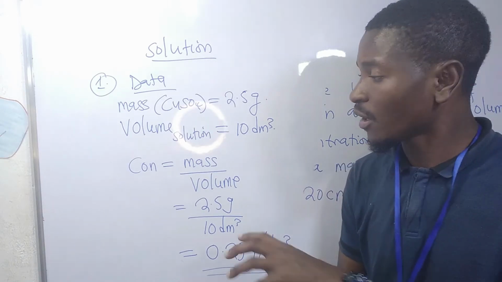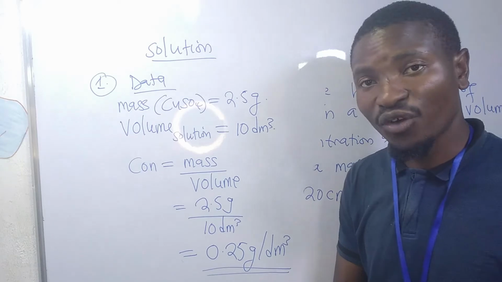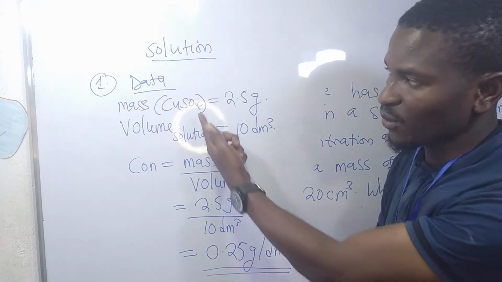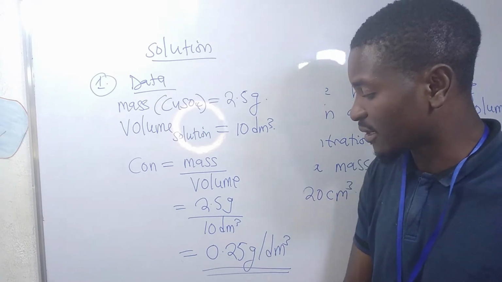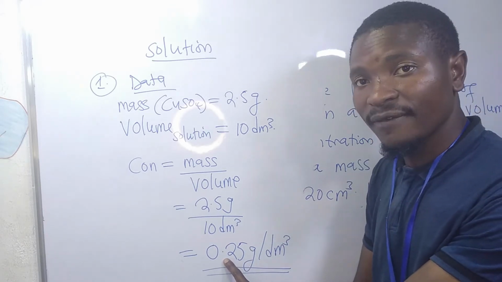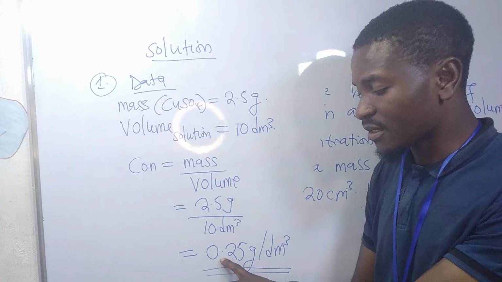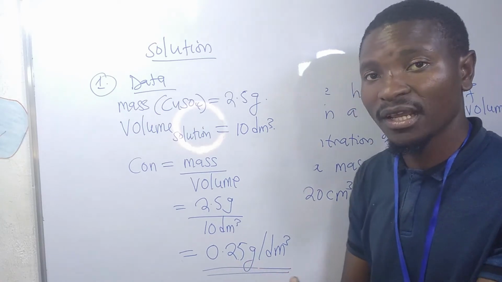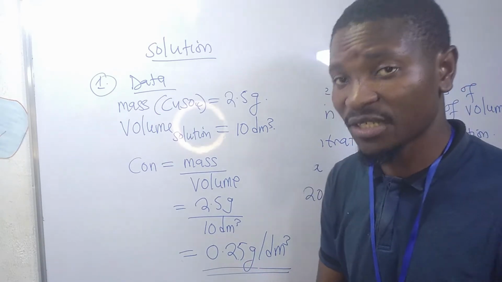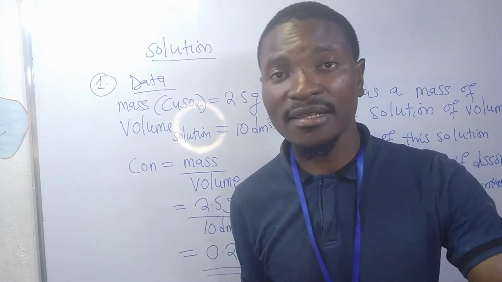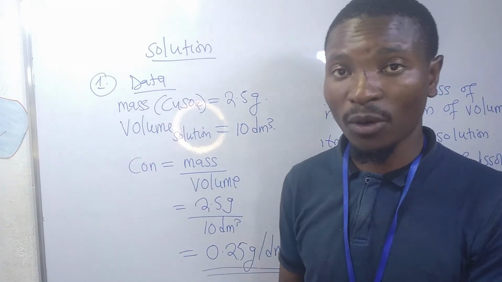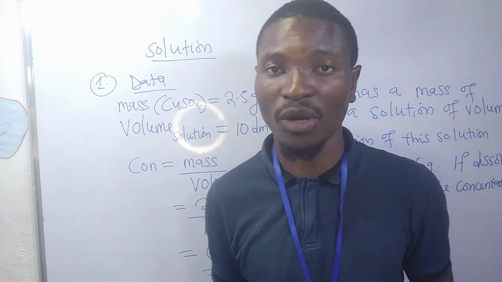So concentration equals the mass over the volume, and the mass that we have is 2.5 and the volume is 10 cubic decimeters, and then finally the answer is 0.25 grams per cubic decimeter. That's how you can simply answer the question of number 1.